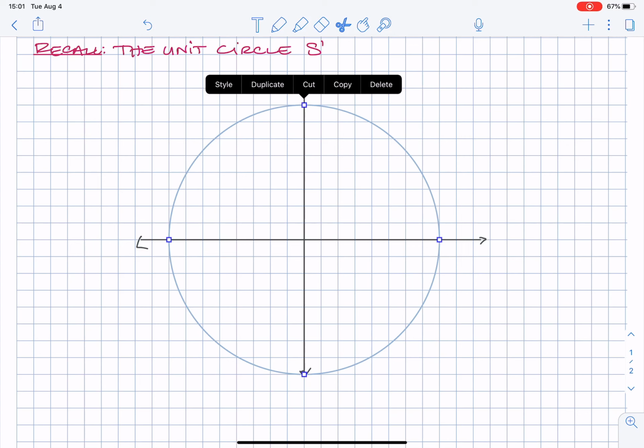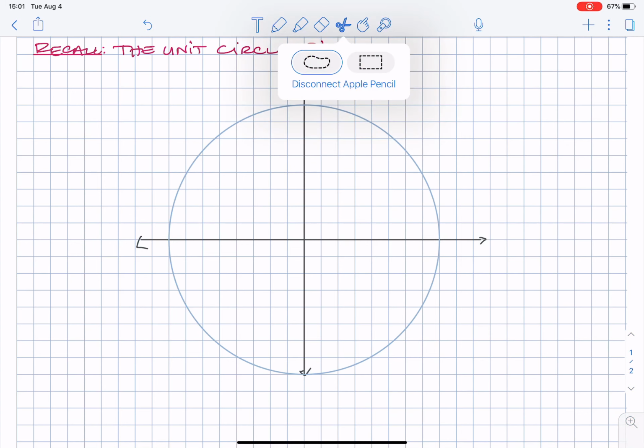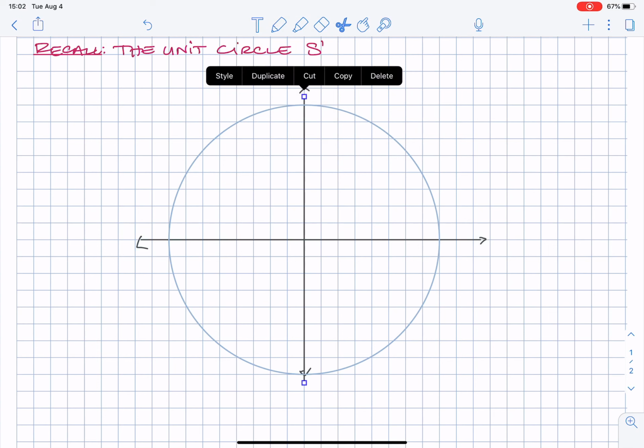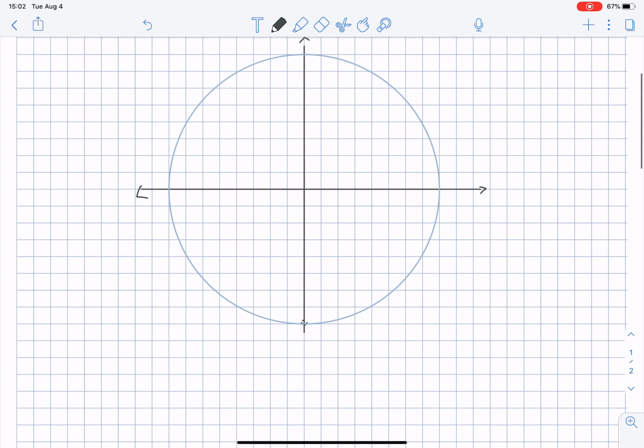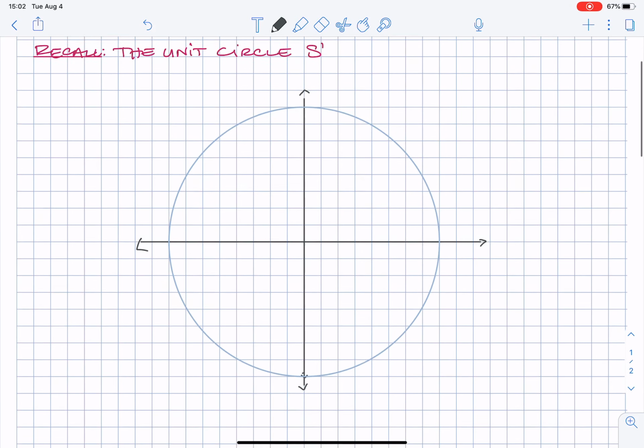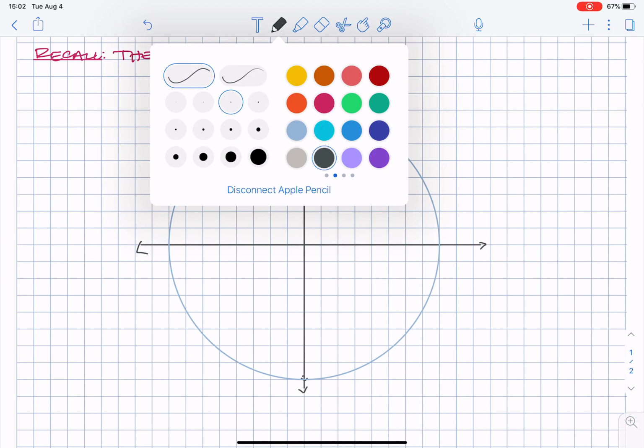How does that look? Might need to make this guy a bit longer and maybe erase that guy. Okay, so there we go. That looks pretty good.